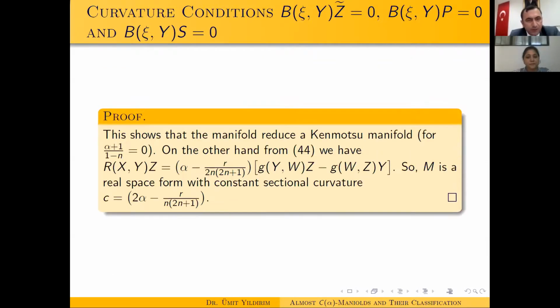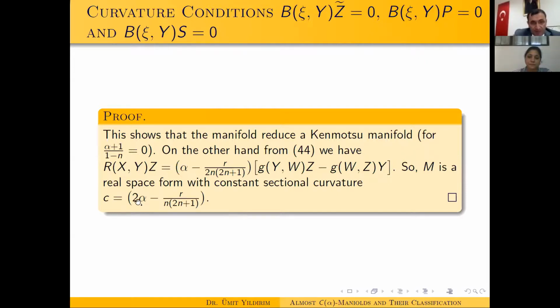This equation shows that the manifold is a reduced Kenmotsu manifold, like we found before. Alpha plus 1 divided by 1 minus n equals 0. On the other hand, from this we have this equation. So M is a real space form with constant sectional curvature.